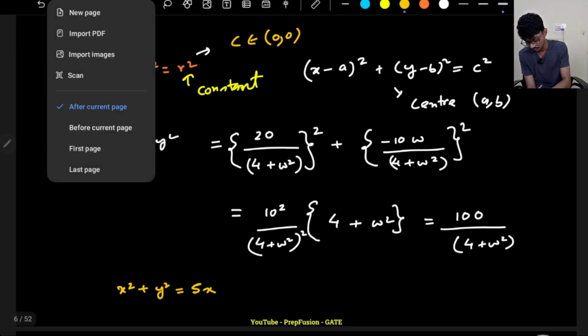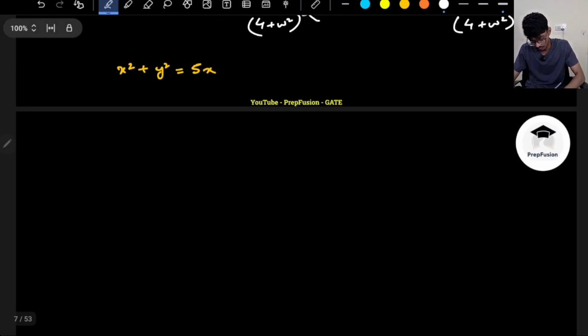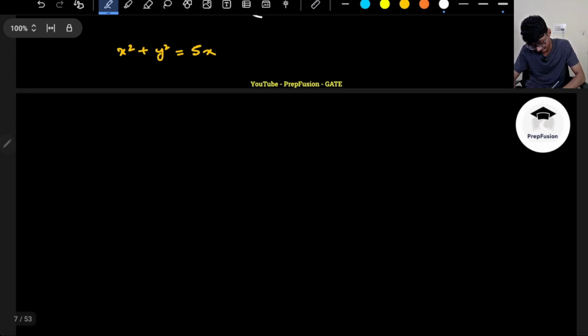Now I can write it like this: x square minus 5x plus y square equal to 0.